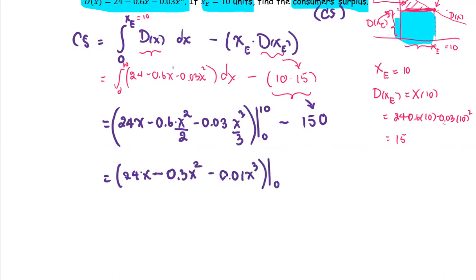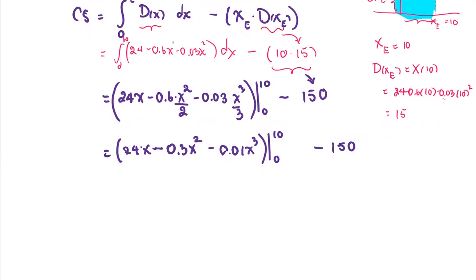Then we replace x with 0 and with 10 and subtract 150 after that. So evaluate at 10: 24 multiplied by 10 minus 0.3 multiplied by 10 squared minus 0.01 multiplied by 10 to the third power.